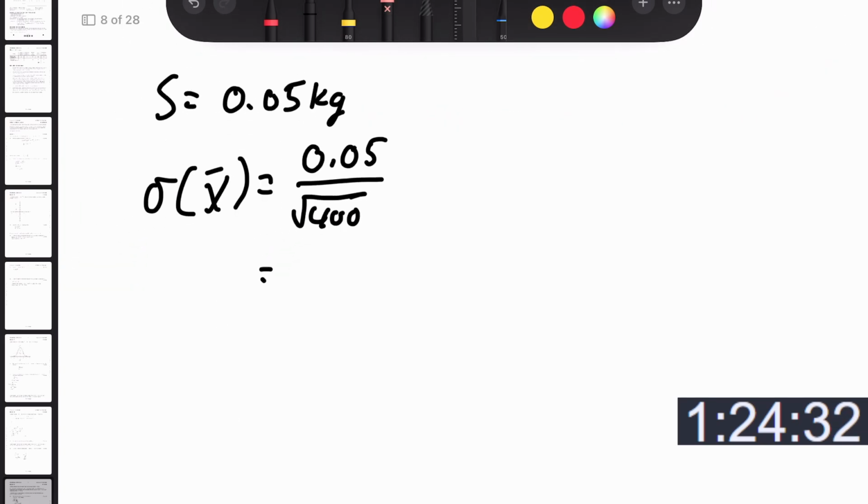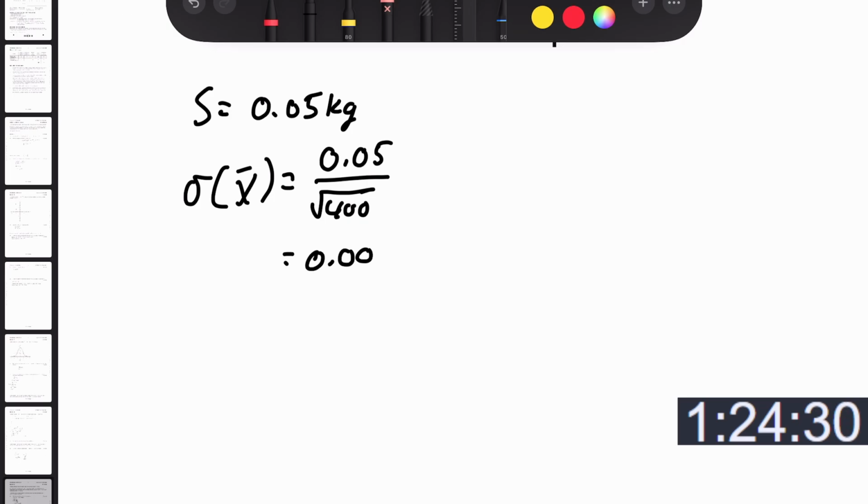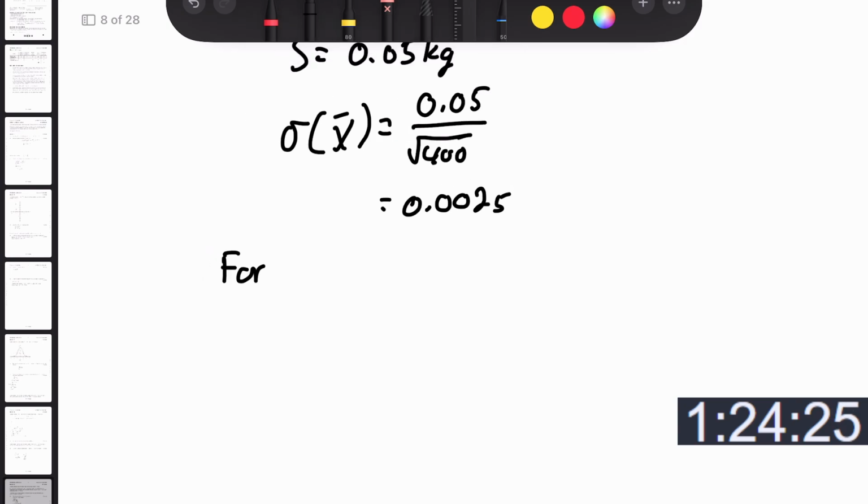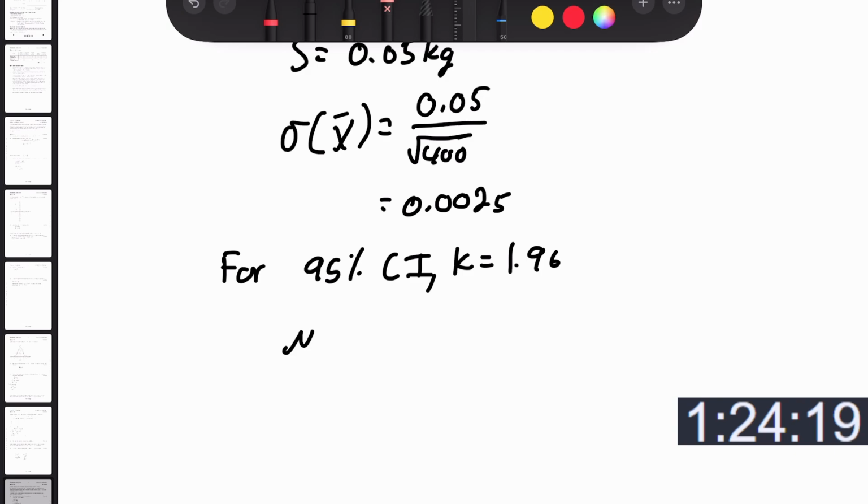Oh wait, that's what we did before already, so 0.0025. And then for a 95% confidence interval, we'll say that k equals 1.96, and margin of error is equal to 1.96 times 0.0025.